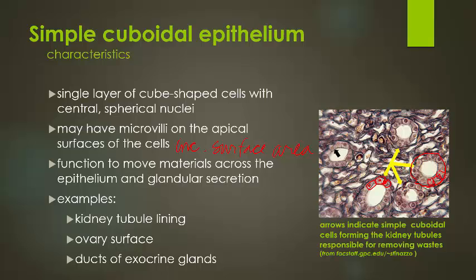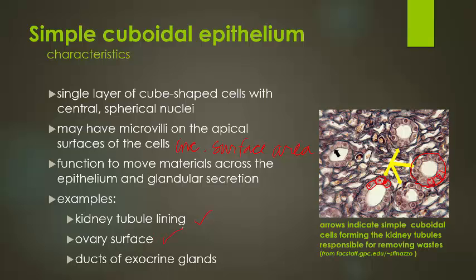And these function, again, to move materials across the epithelium. So these simple epithelia, even though they're not squamous, are still great places to move materials across the epithelium. And because they're larger cells, they have space for the machinery to allow glandular secretion. And so we see them in the linings of the kidney tubules.